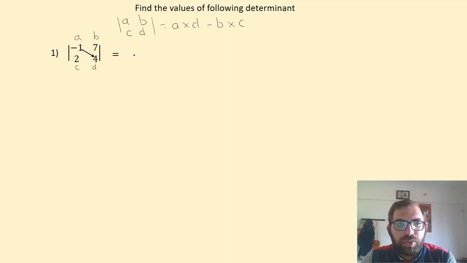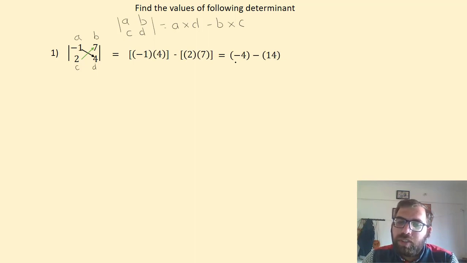It is -1 into 4 minus 2 into 7. So -1 into 4 is going to be -4, 2 into 7 is going to be 14, and -4 minus 14 is equal to -18.